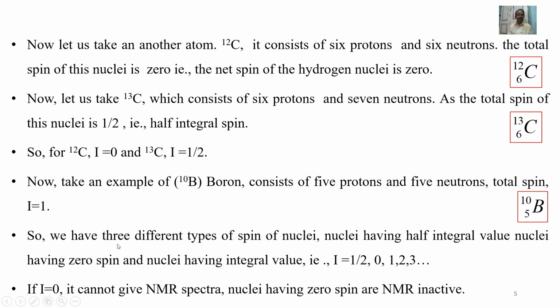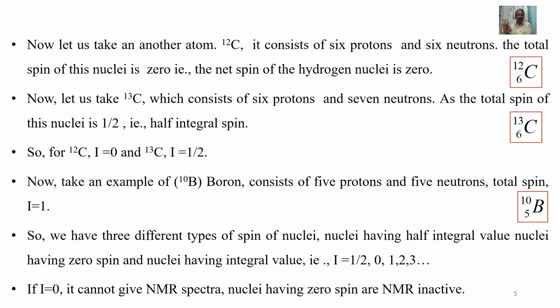So we have three different types of spin of nuclei. Nuclei having half integral value, nuclei having zero spin, and nuclei having integral value. That is I equals 1 by 2. This is one type. 0, this is another type. Then I equals 1, 2, 3 integer. This is another type.